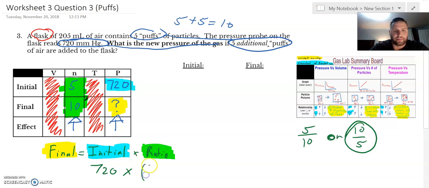So we'll copy this into the ratio spot, 10 divided by 5, and do this math together. Ten divided by 5 equals 2, and 2 times 720 gives me a grand total of 1,440 millimeters of mercury.